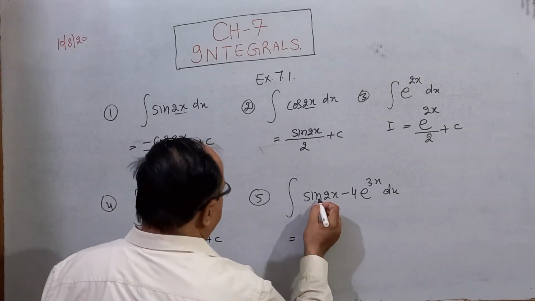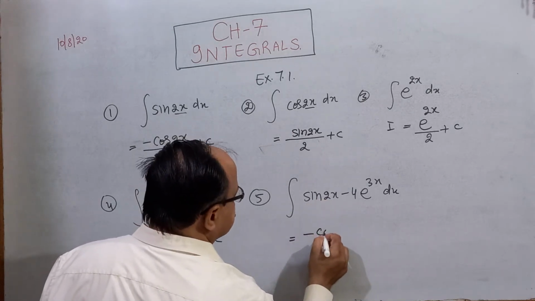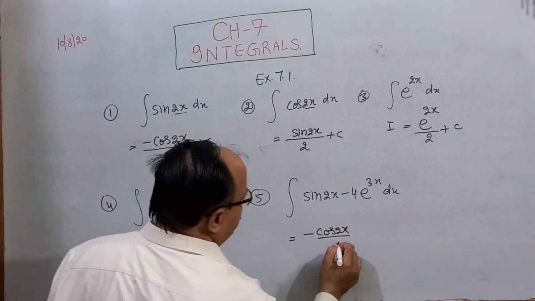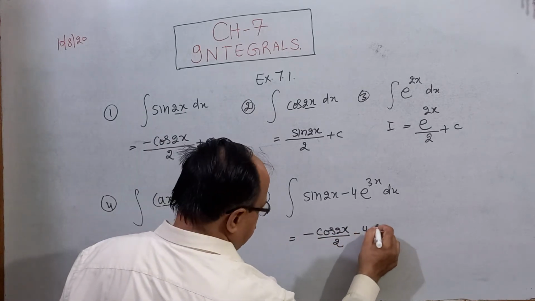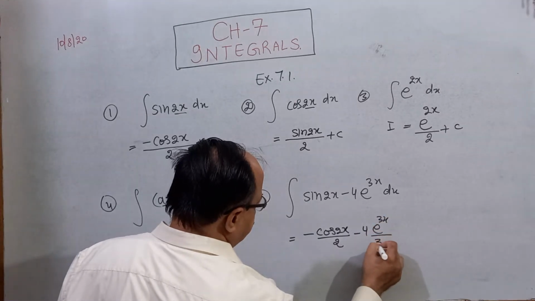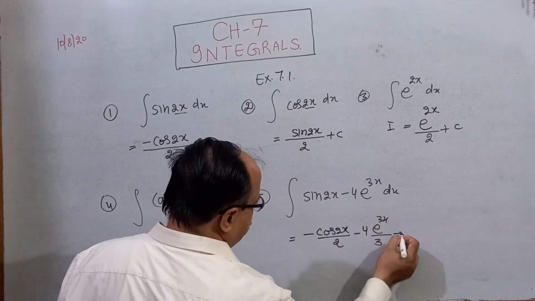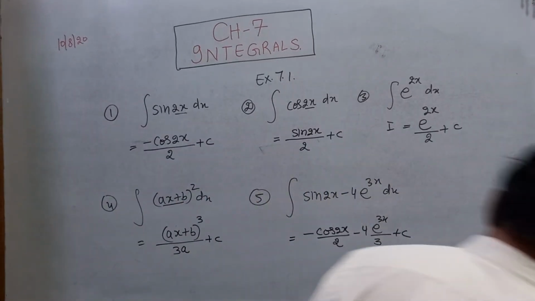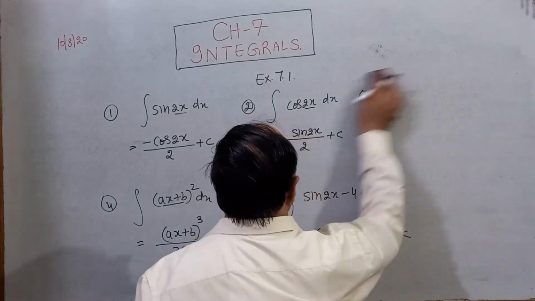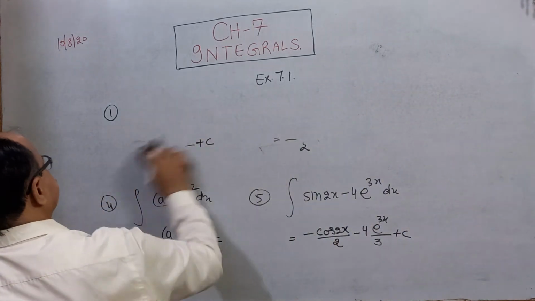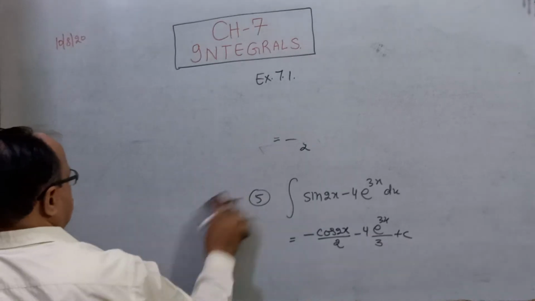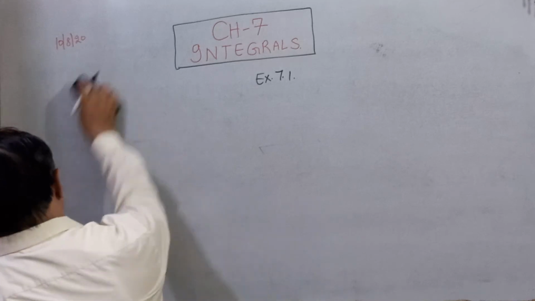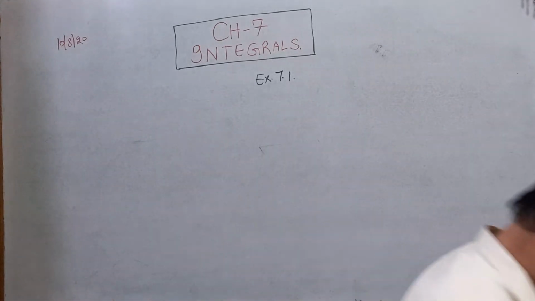Here, integration of sin 2x, earlier you know, is minus cos 2x by 2, minus 4 e to the power 3x by the derivative of the power here, plus c. These are very simple exercises. Practice makes the man perfect. Try to solve this exercise 2-3 times, so that all the formulae are in your mind.